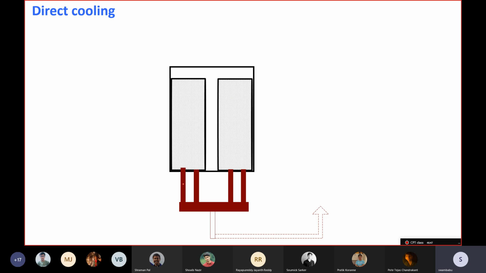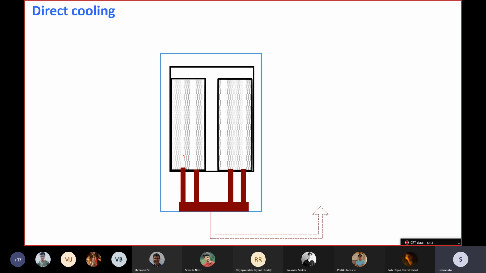Here you can see the product streams coming, the red pipelines, through the first bed and second bed, and all are joined together and sent outside.